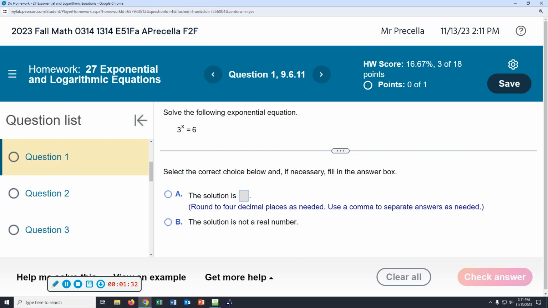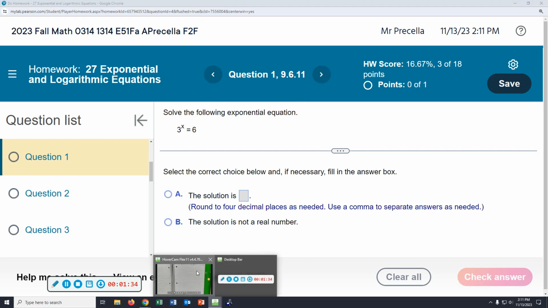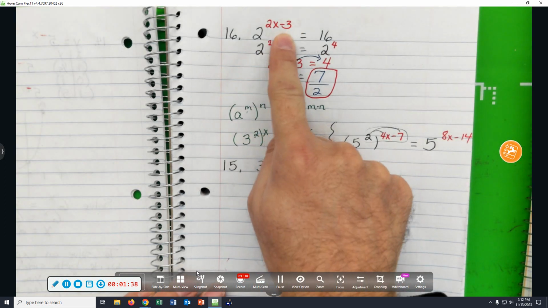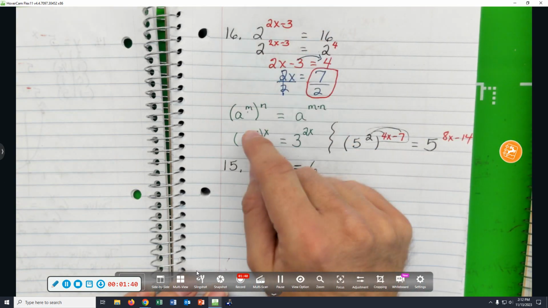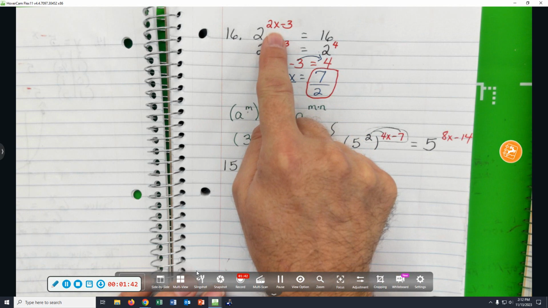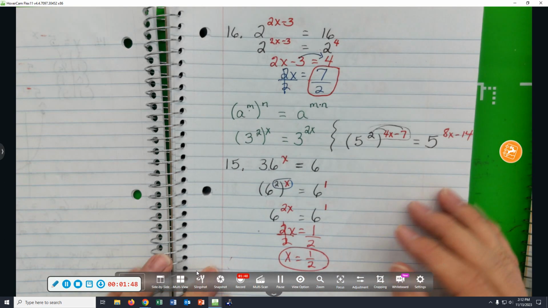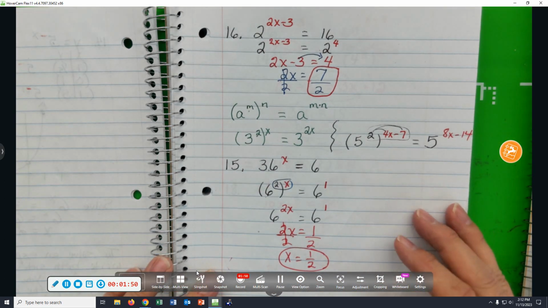Something like 2 to the 2x minus 3 equals 16. This was an exponential equation because the variable is in the exponent. That's how you can tell these from all the other types of equations we've solved.